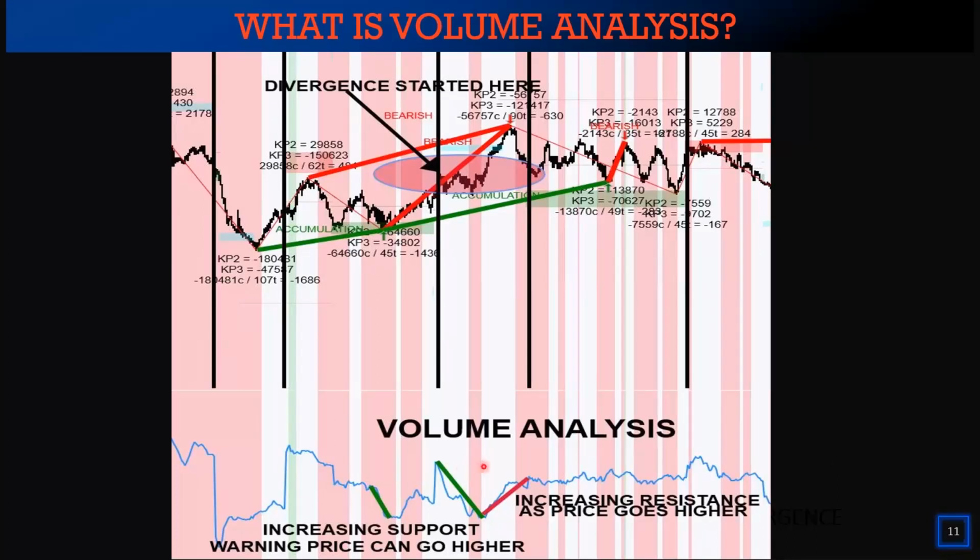When the line is red right here, I've highlighted it to show increasing resistance as the price went higher. Now, this ratio indicator is what I consider my most important indicator.